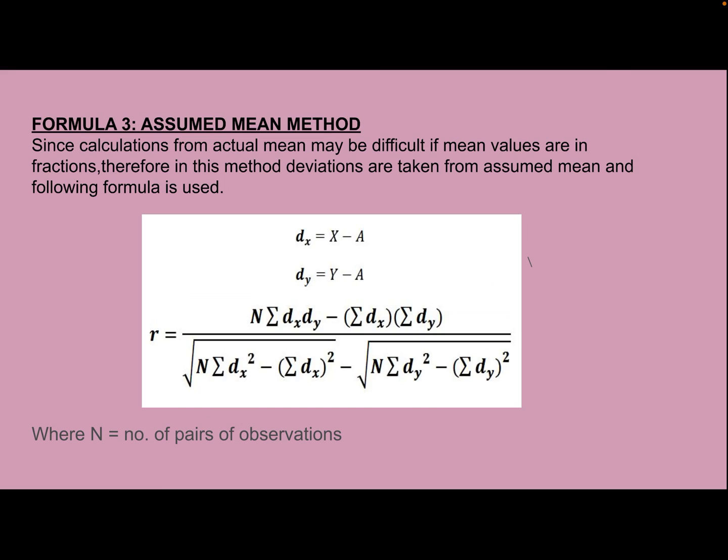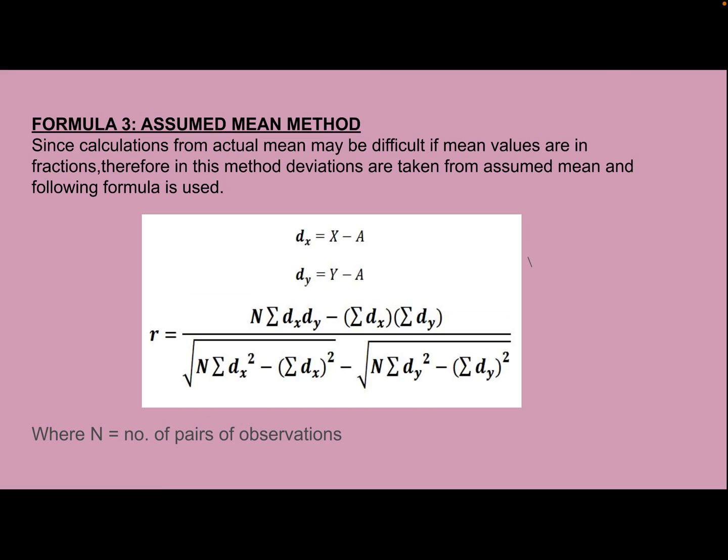And the following formula is used. See the formula, R is equal to n, which is your number of observations, sigma dx dy. Now what will be dx, students? Deviations only, but now the deviations are taken from the assumed mean. So you write dx is equal to x minus a, okay, and dy is equal to y minus a.